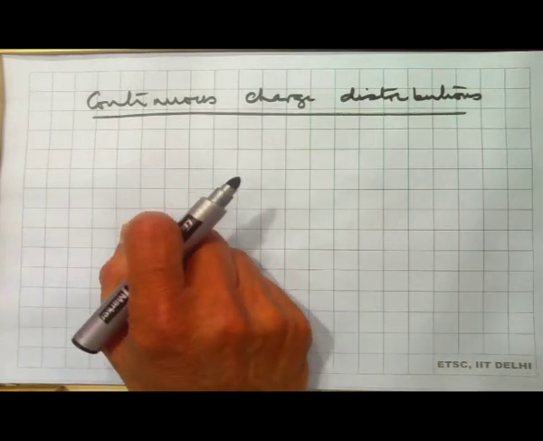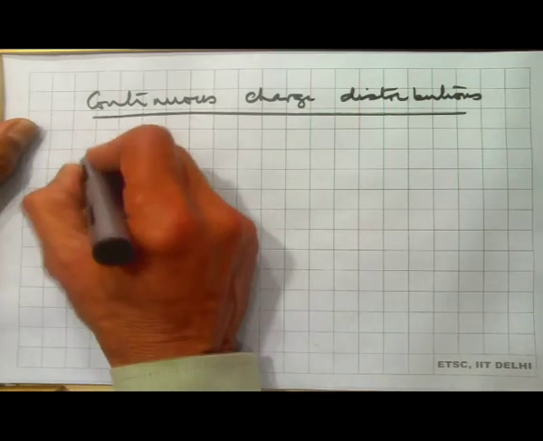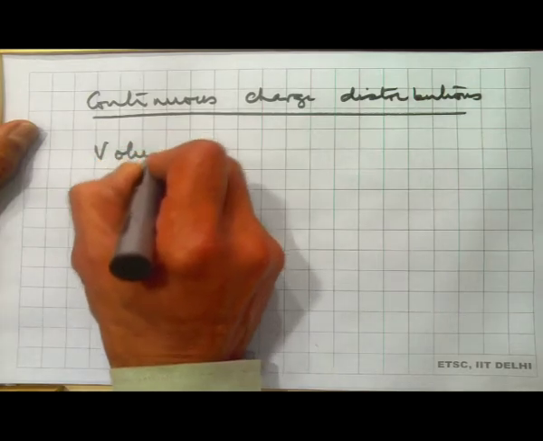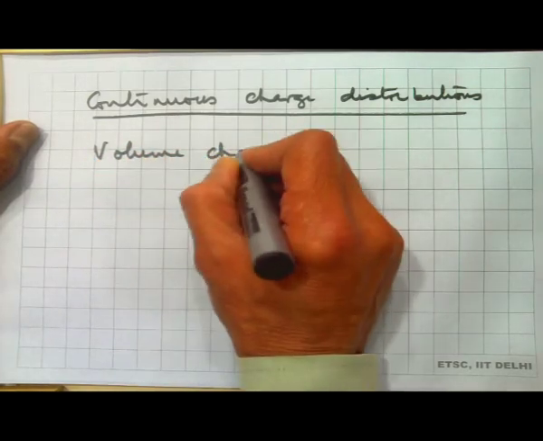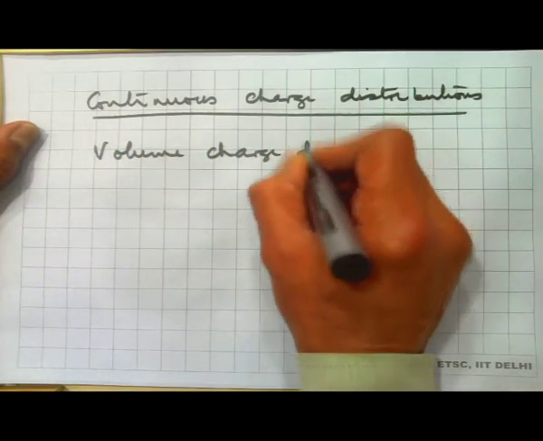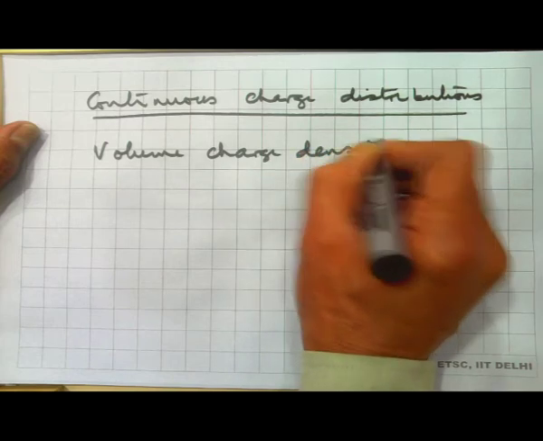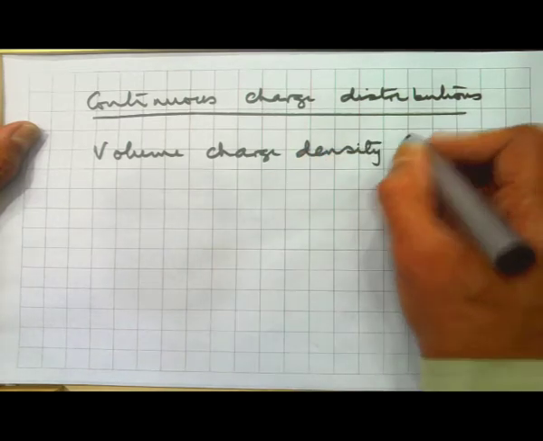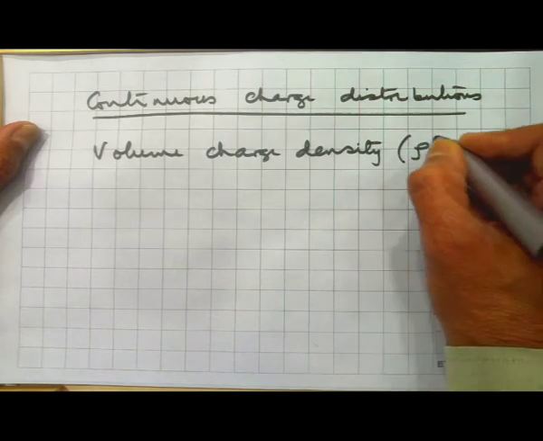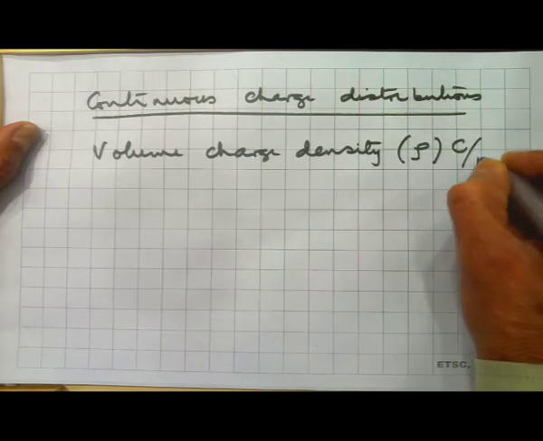Now, there are many situations where we would like to look at what are called continuous charge distributions. There are three types of charge distributions. One is called volume charge density. This is usually written as rho and has units of coulombs per meter cubed.